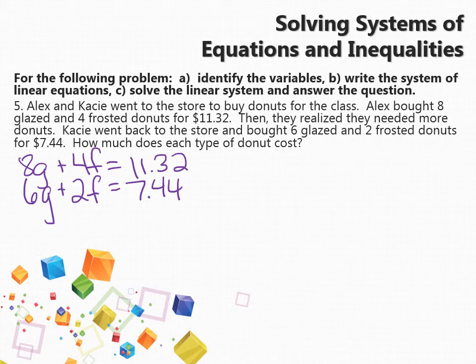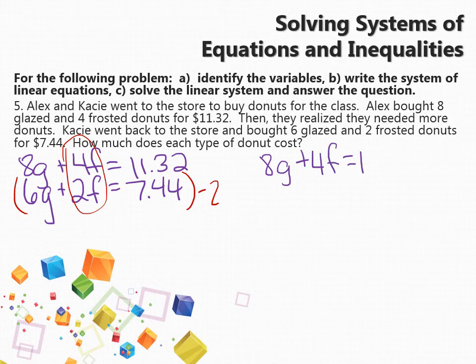So I'm noticing that the F's are the closest. If I multiply the second equation by a negative 2, I'm going to have something I can work with. So I'm going to rewrite this. And again, you could use X's and Y's. I'm going to keep it with the variables so I know what I'm talking about.